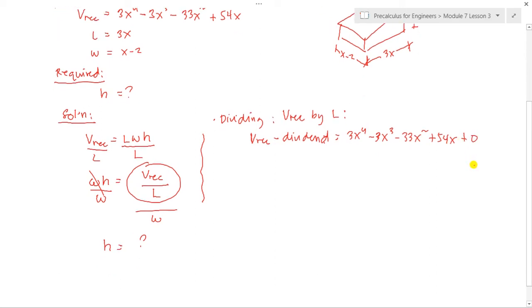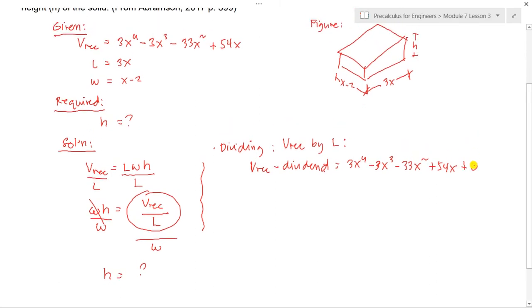We just complete it: if there are missing terms, we put in 0. And then our divisor is our L.